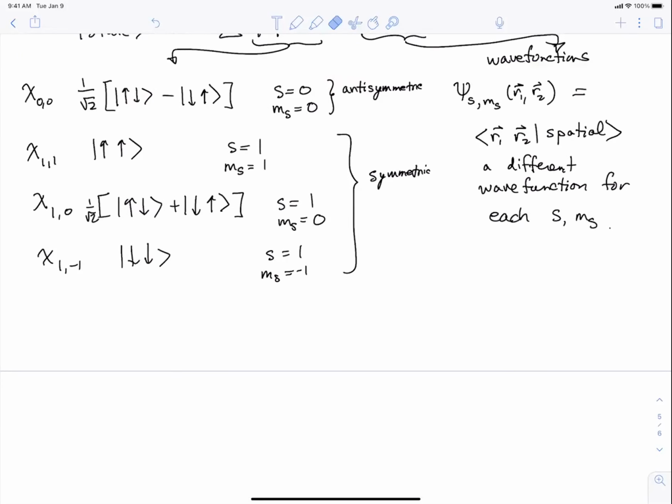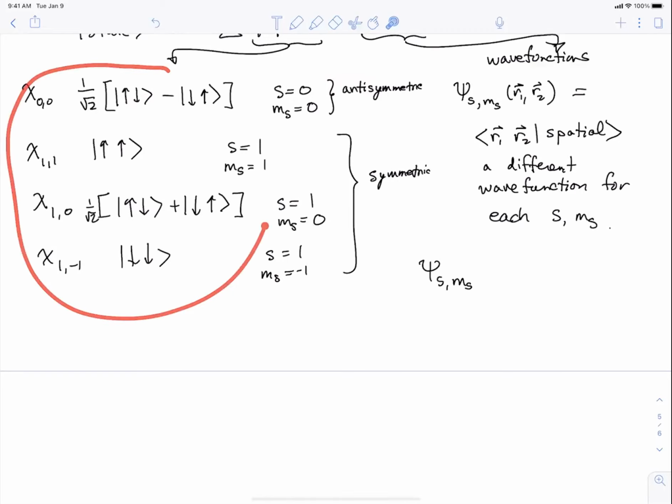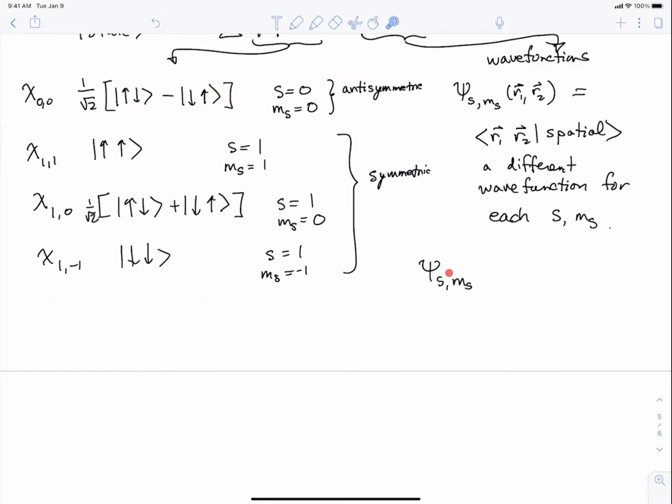So my wave function that I'm labeling by total spin s and m sub s, the wave functions themselves aren't carrying the spin. They're correlated with the spin that they're multiplied by. But they still carry that label because you have to know which one goes with which.